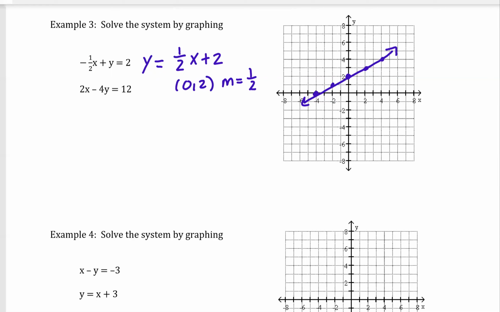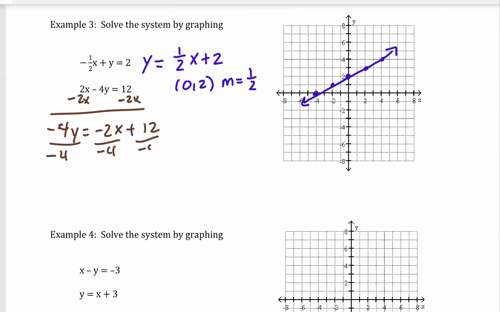I'm going to put the second equation in slope-intercept form as well. So subtract 2x from both sides. Divide everything by -4. Simplify, y is equal to 1/2 x minus 3. The y-intercept is (0, -3).